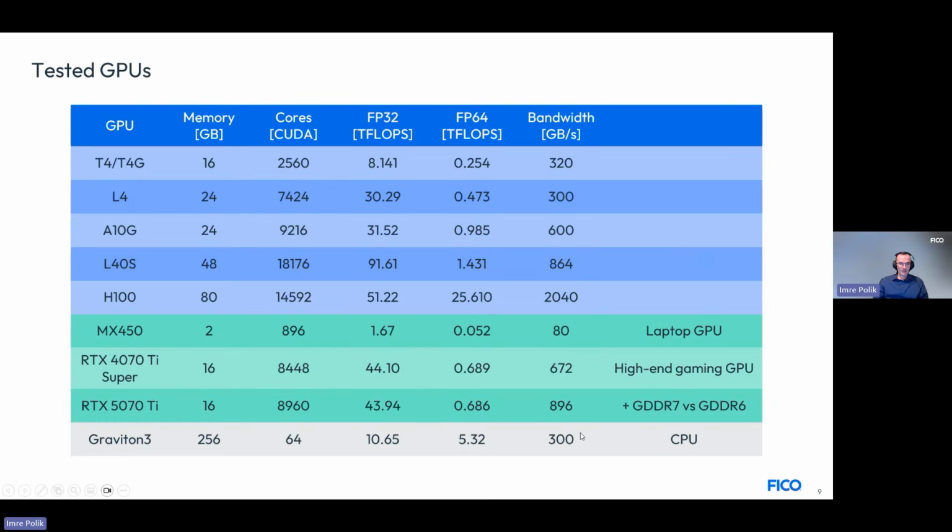So the slowest or the simplest one is the MX450, which is just a simple laptop GPU from 5 years ago, I believe. And then we have the RTX 4070 and the 5070. These are fairly high-end gaming GPUs. The only difference is that the 5070 has faster GPU memory.